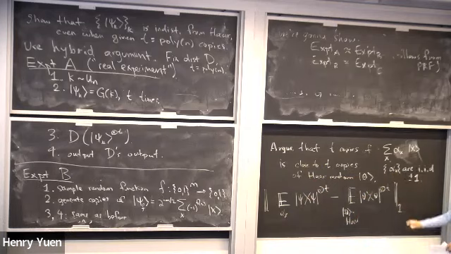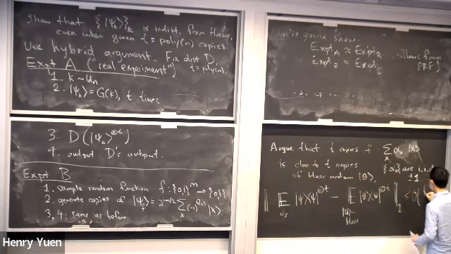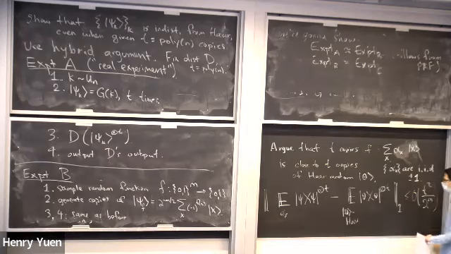Remember, the trace distance is just a measure of distance between mixed states. We're going to argue that this is T squared over 2 to the m. Remember x is m qubits, and T is some polynomial, so this quantity is vanishingly small.